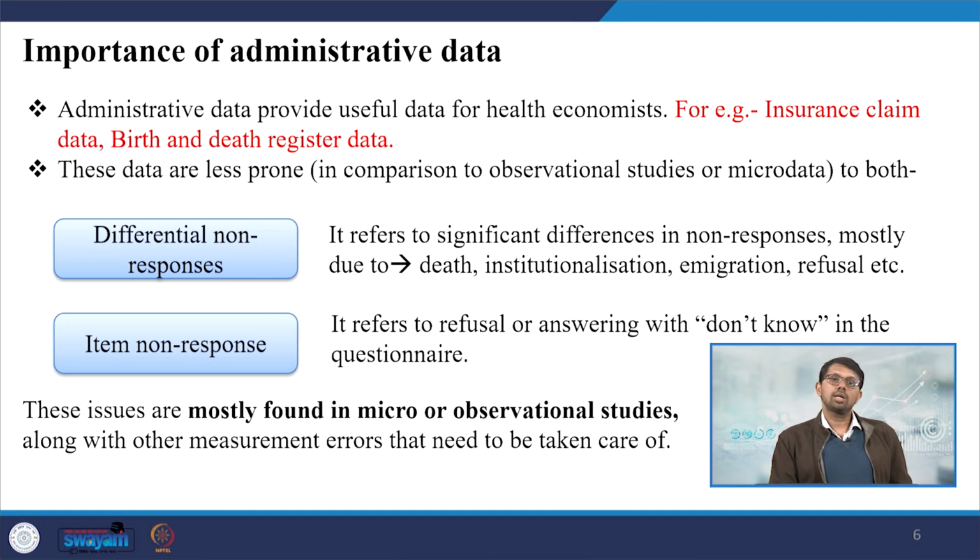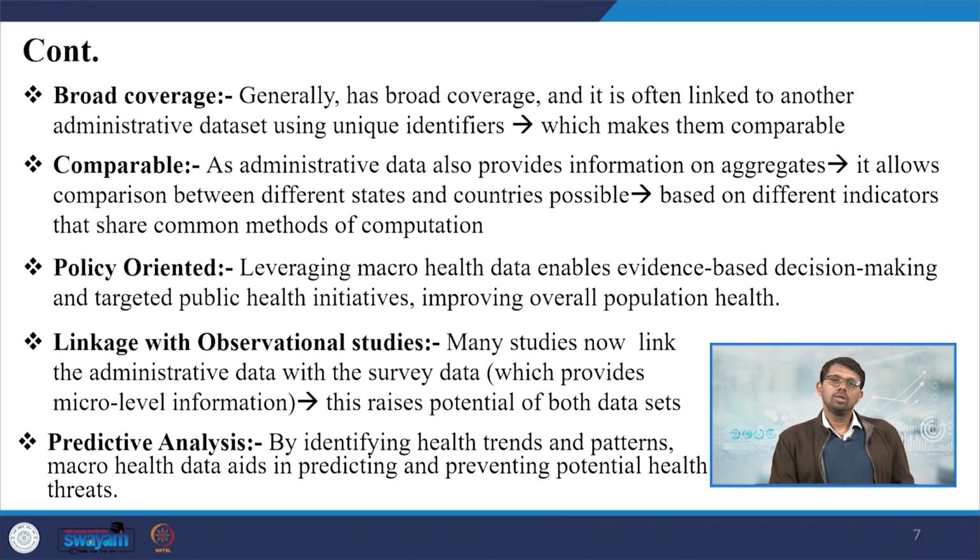These issues are mostly found in micro or observational studies, along with other measurement errors that need to be taken care of. Administrative data has broad coverage, comparability, policy orientation, linkages with observational studies, predictive analysis, etc.